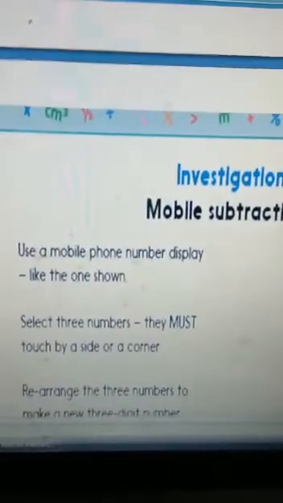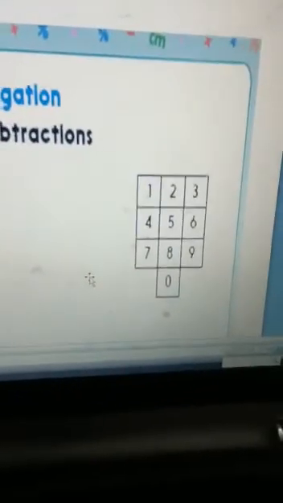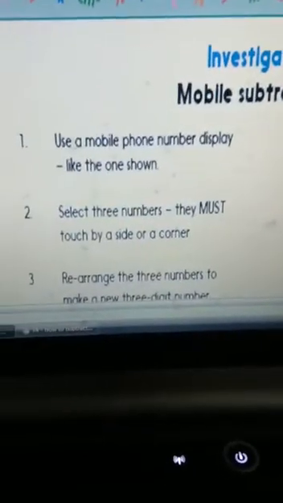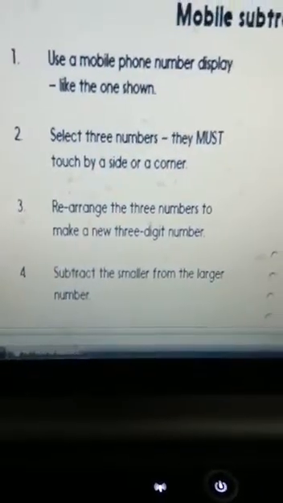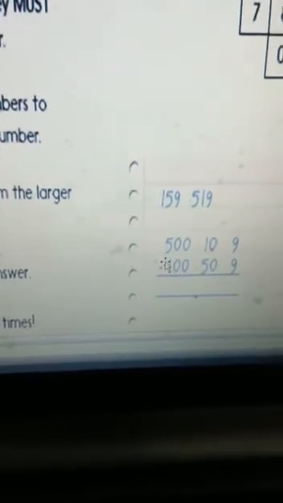And then we've got an investigation using mobile phone subtraction. So if you look at a mobile phone number display, like the one shown, we choose 3 numbers. They've got to be next to each other, touching each other in any way, the side or the corner touching. Rearrange 3 numbers to make a new 3-digit number. So for example, 159, and then swap it around to 519.